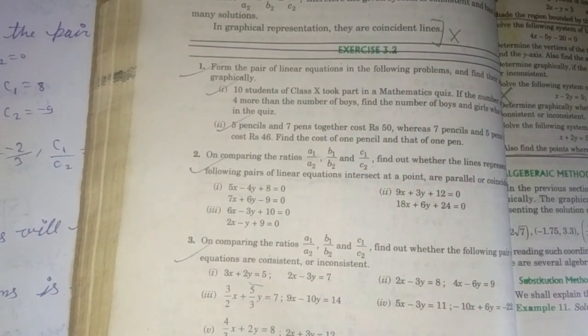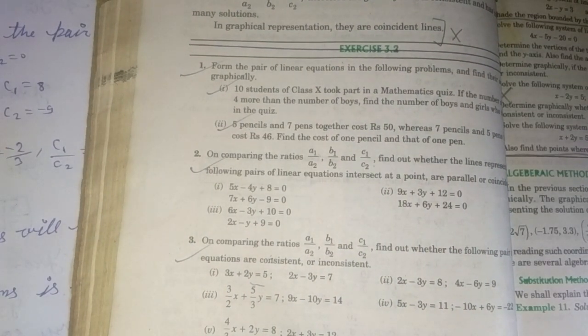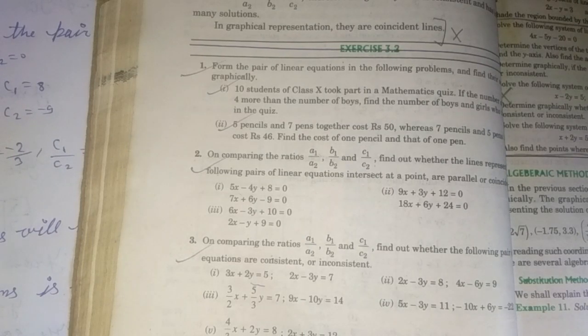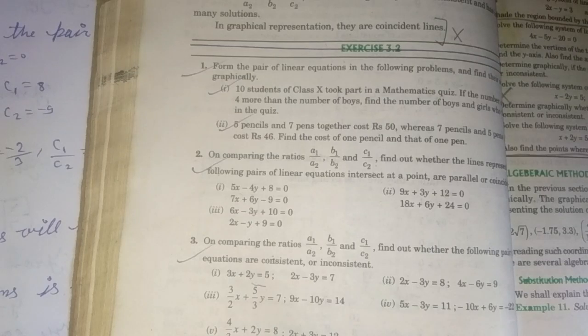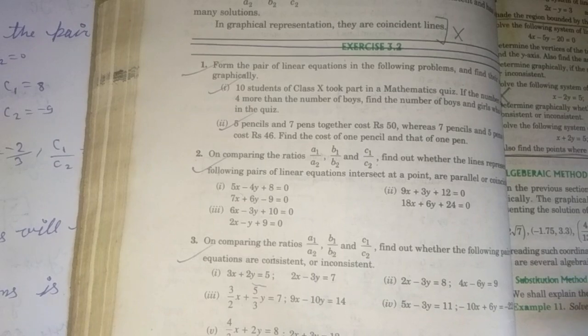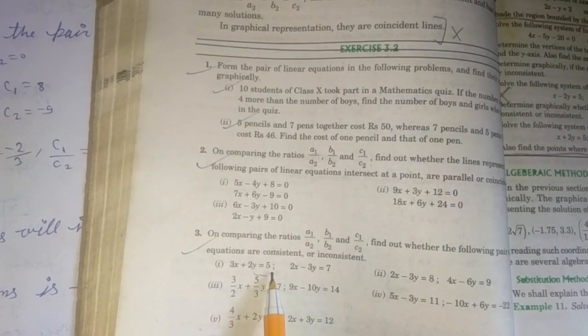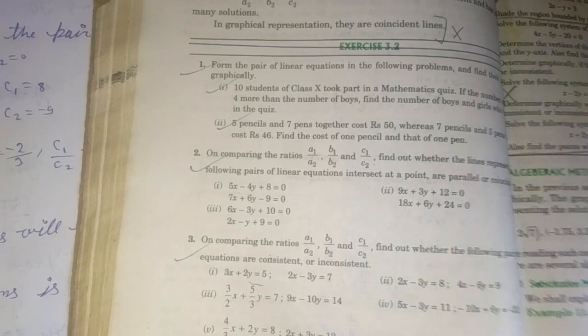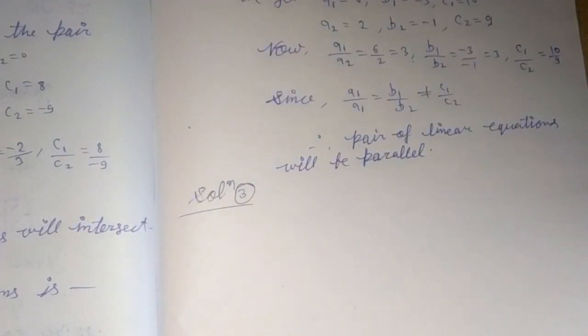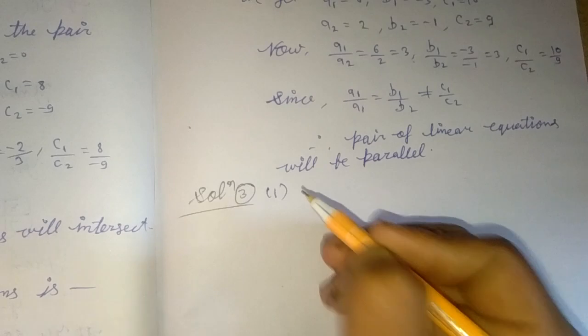We know that pair of linear equations will be consistent if they have unique solution or they have infinitely many solutions. Okay, and inconsistent if they have no solutions. So our first question is 3x plus 2y equal 5, first equation, and 2x minus 3y equals 7, second equation.